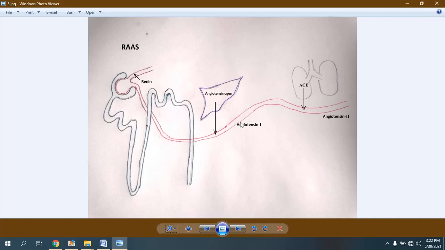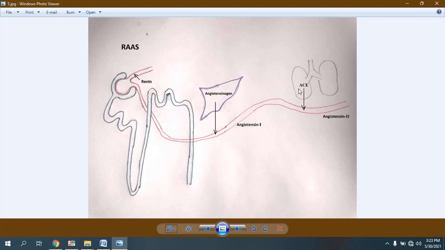So when the angiotensinogen is converted by the renin to angiotensin 1, what will happen? That angiotensin 1 will travel through the systemic circulation and eventually reach the endothelial cells of the lungs, which contain a large amount of ACE. ACE is a special type of enzyme, the angiotensin converting enzyme, present in large amounts in the endothelial cells of the lungs.